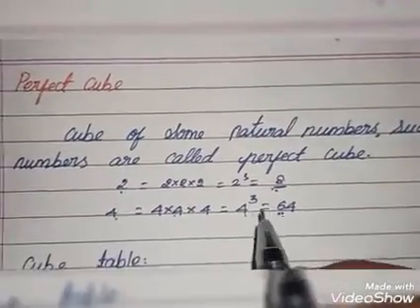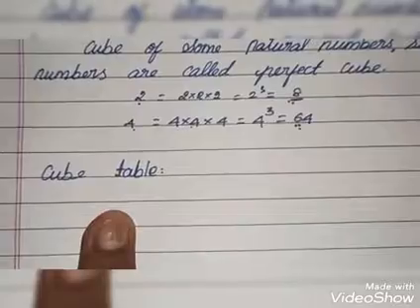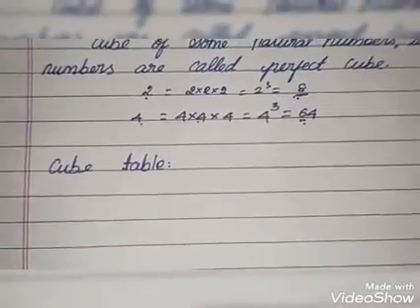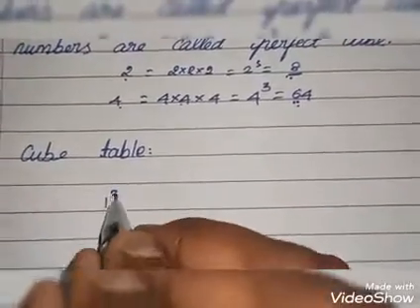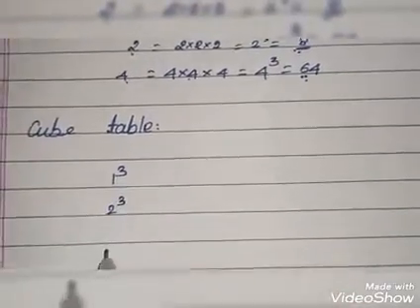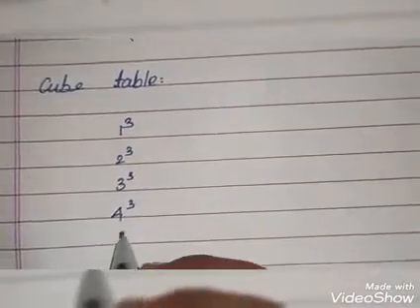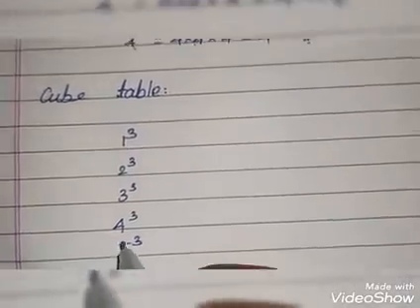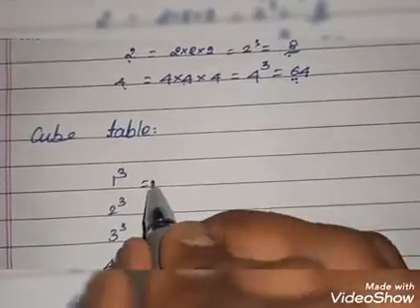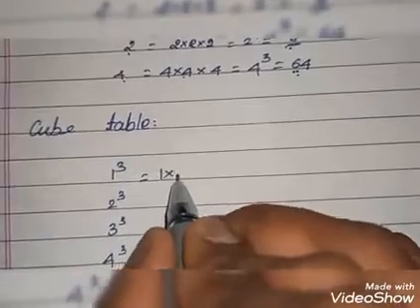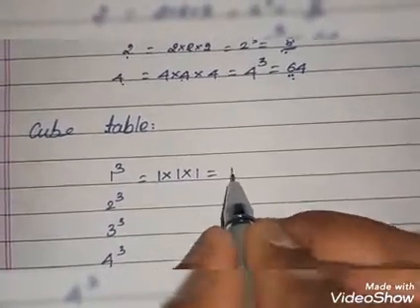Now you need to learn the cube table. What is the cube table? A number is multiplied 3 times: 1 cube, 2 cube, 3 cube, 4 cube, 5 cube. 1 cube is 1 into 1 into 1, and however many times you multiply 1, you get 1 only.